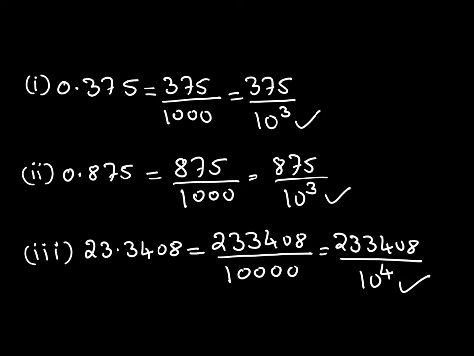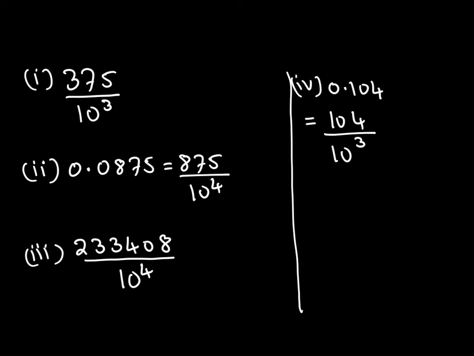Now let's consider the same examples further. Let's consider these terminating decimals. Let's take the prime factorization of the numerator and the denominator for each one of them.